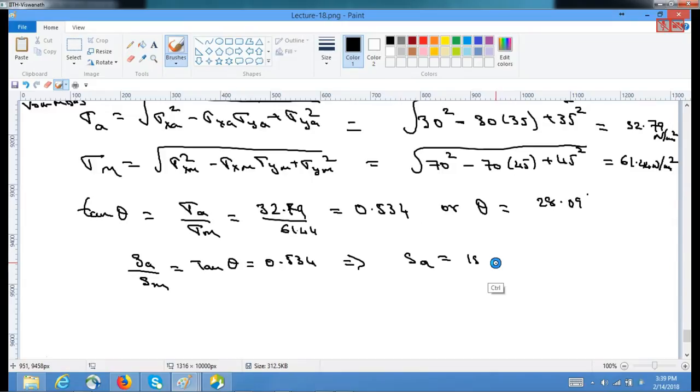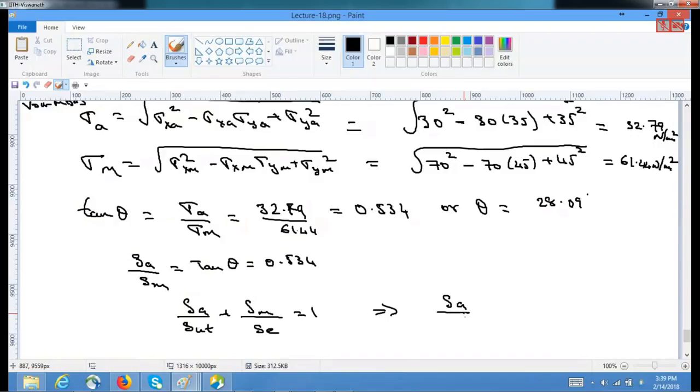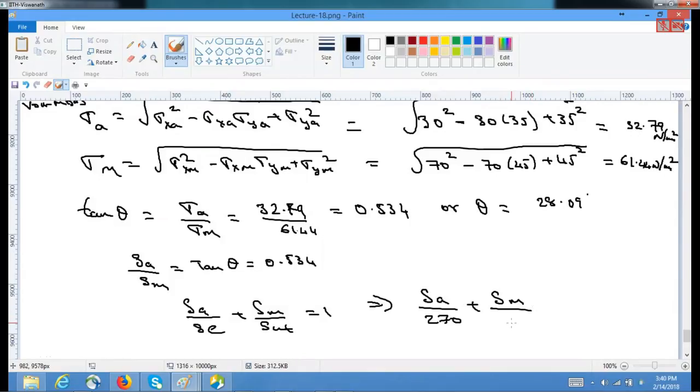Further, we need to know that SA by SE plus SM by SUT is equal to 1. That implies SA by 270 plus SM by 660 is equal to 1.